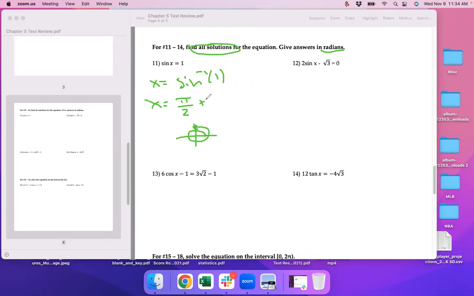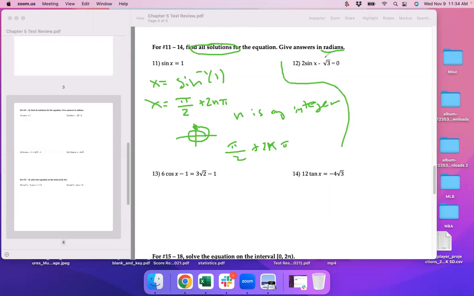So that's why we're going to write plus 2n pi, where n could be any integer. And because n is any integer, n could also be negative. So you can go around the other direction and go clockwise. Some people use the letter k, like some people say pi over 2 plus 2k pi. Just be very clear that you establish what the constant's representing, like it's any integer, and you're all good.